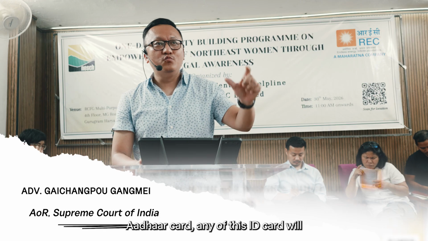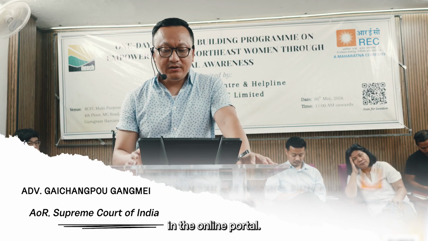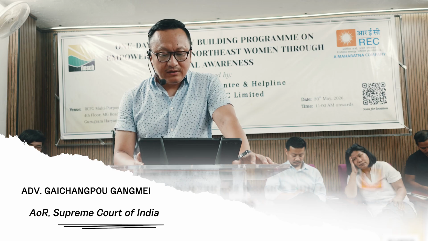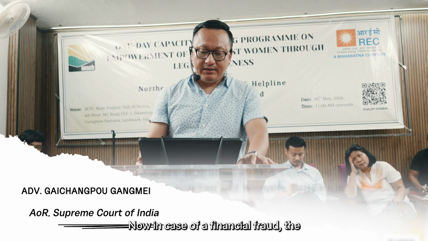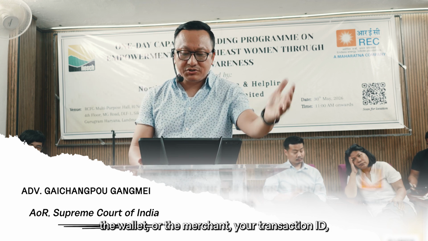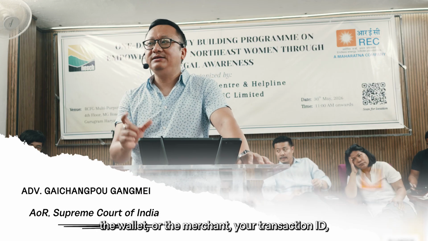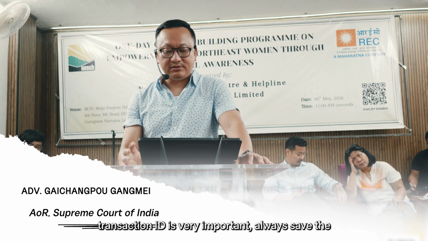Any of these ID cards will be necessary as you are registering a complaint in the online portal. Now, in case of a financial fraud, the name of the bank, or the wallet, or the merchant will be there. Your transaction ID, I am saying this again and again, the transaction ID is very important.